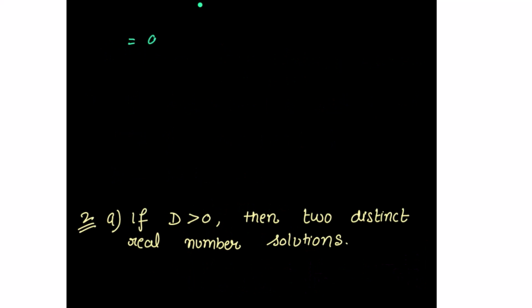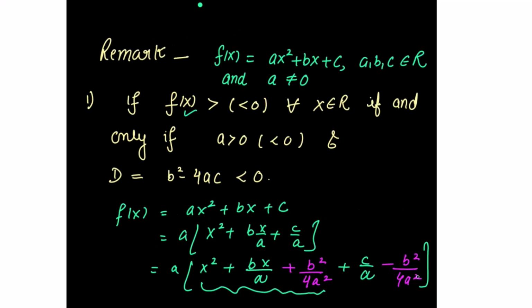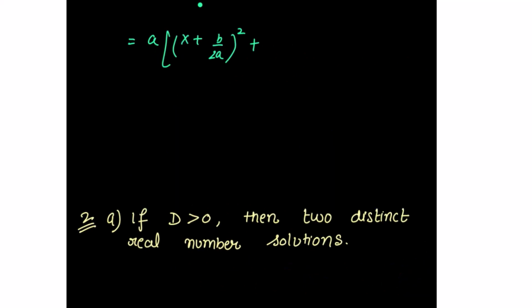So that is equal to a times (x + b/2a)² plus, taking the LCM for the other two, (4ac − b²)/4a². And this is your f(x).